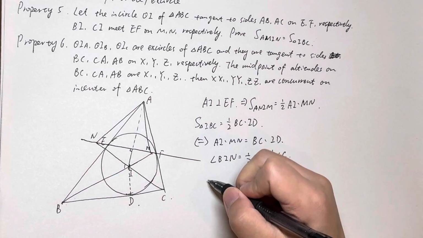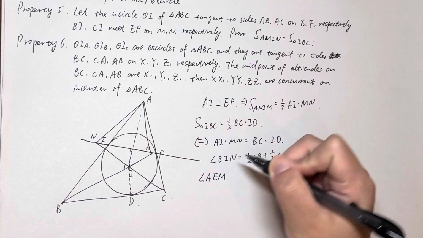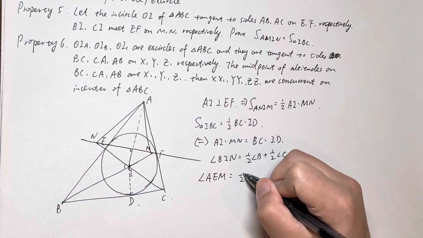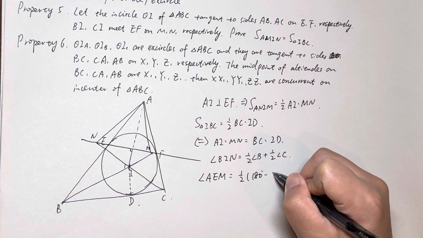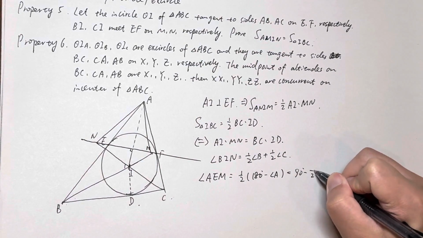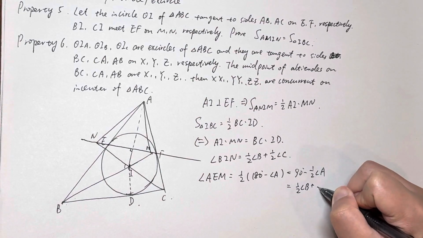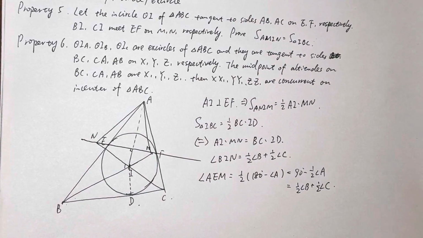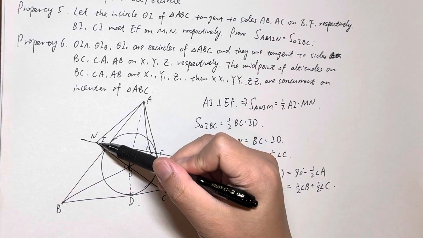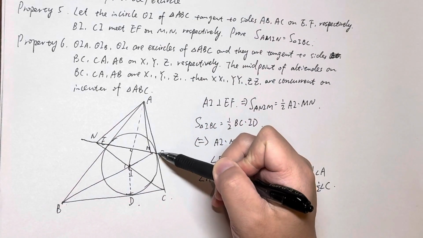And we know that angle AEM, or AEF, equals half of 180 degrees minus angle A, which equals 90 degrees minus half of angle A, which equals half of angle B plus half of angle C. That means angle BIN equals angle AEF.